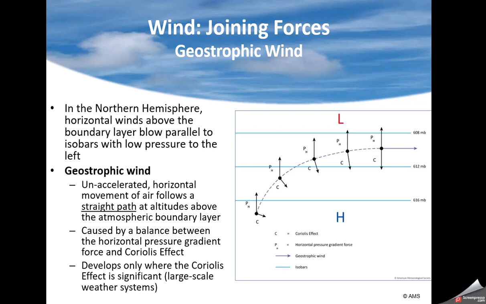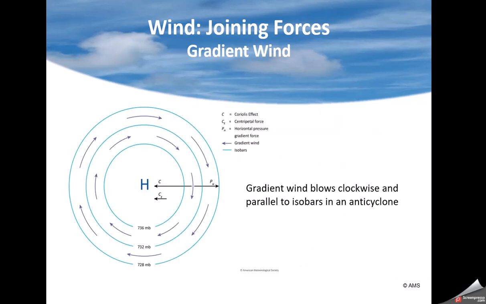So if the pressure gradient is pushing an air parcel towards low pressure, as that air parcel is moving that way, it's going to be turned to the right. And eventually, it will reach a balance. And it literally will move in a straight line. That's a geostrophic wind. It's a balance between the pressure gradient and Coriolis.